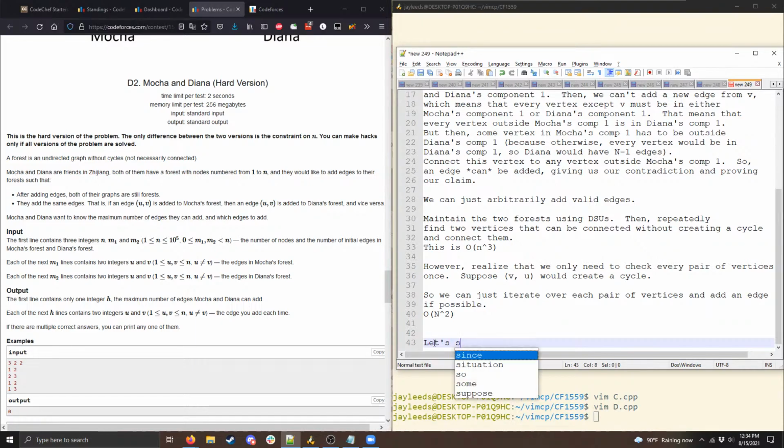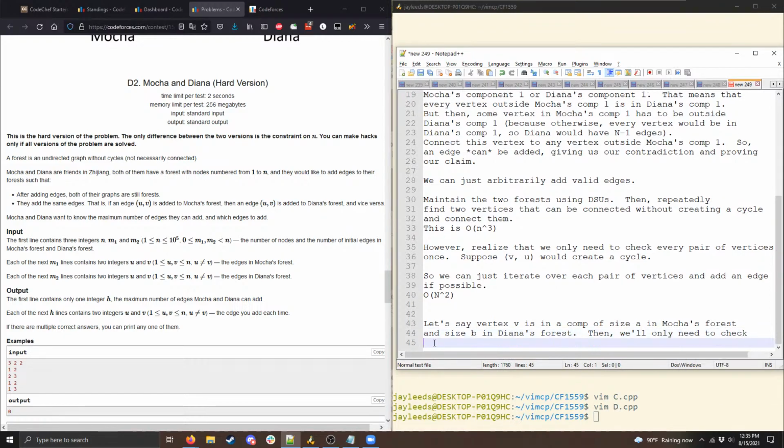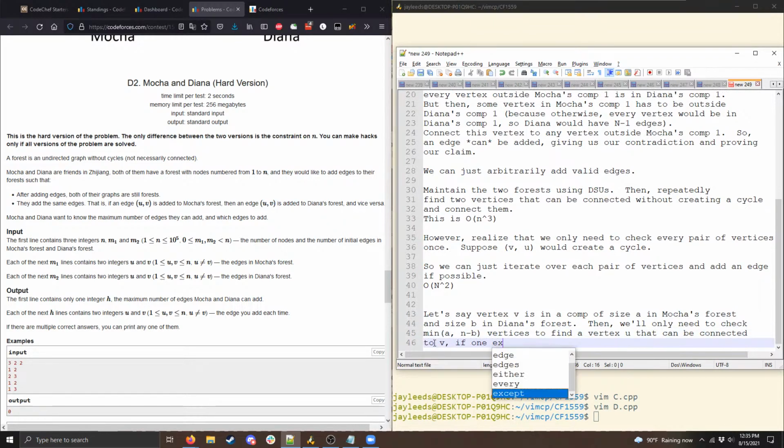First of all, let's say vertex V is in a connected component of size A in Mocha's forest and size B in Diana's forest. Then we'll only need to check the minimum of A and n minus B vertices to find a vertex U that can be connected to V if one exists.